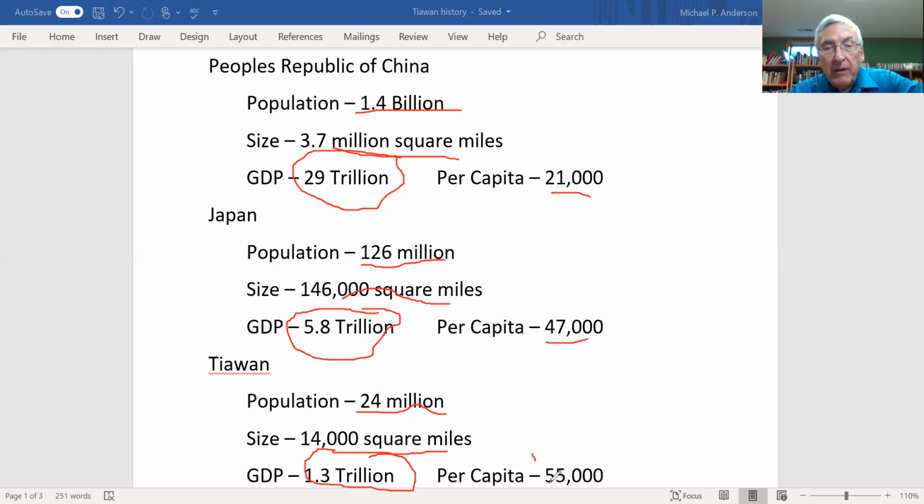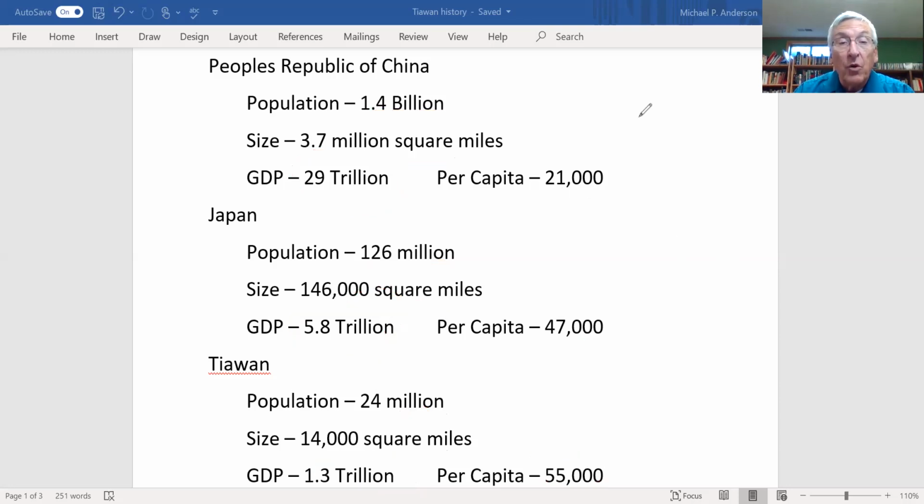Look at Taiwan, $55,000. That compares very well with the United States, which is about $65,000. Okay? So you can see that while all of these are what we would consider first world countries, that is, industrialized and productive, there are real differences between the three.